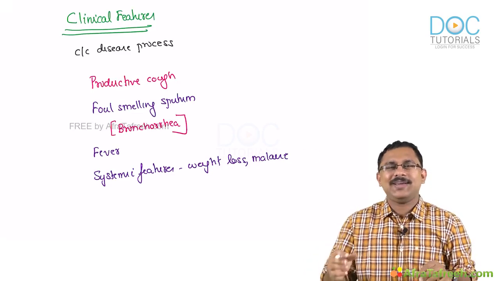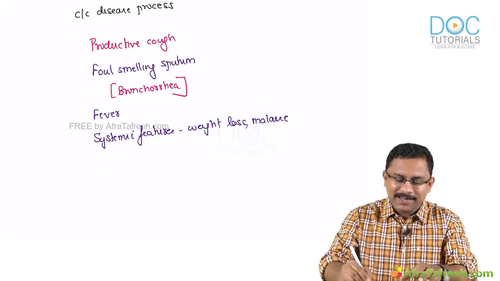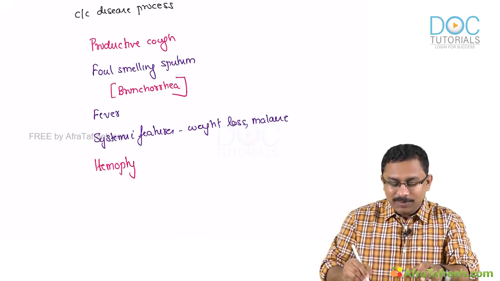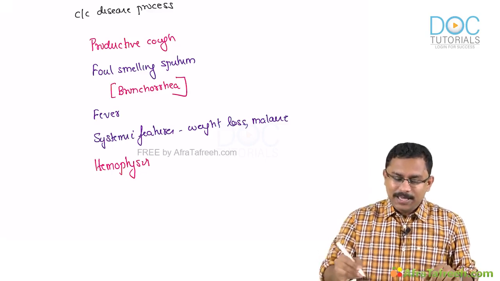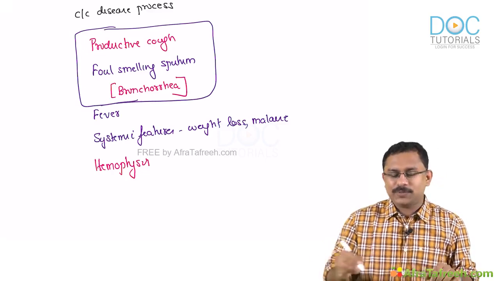Bronchiectasis can also erode into nearby blood vessels and result in hemoptysis. Sometimes you might even have life-threatening hemoptysis as well. But again, the most important two points are productive cough and foul smelling sputum.